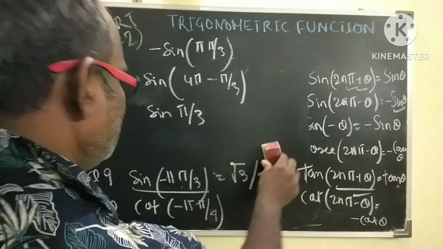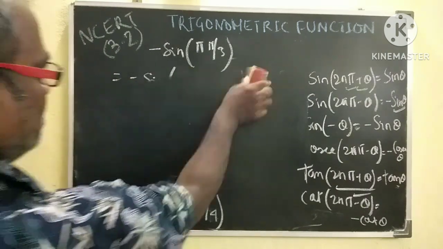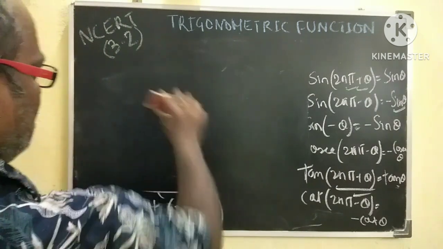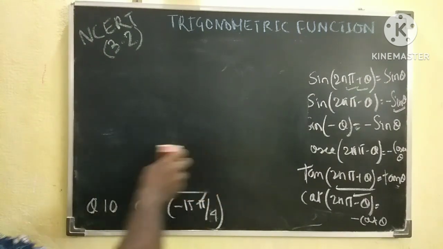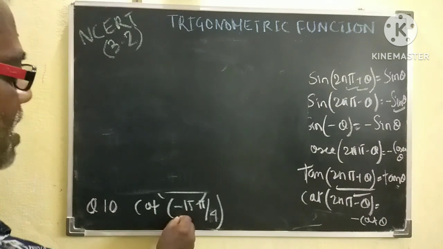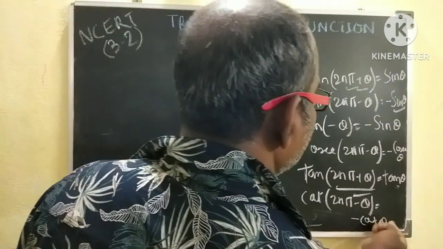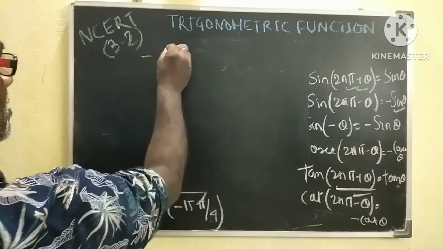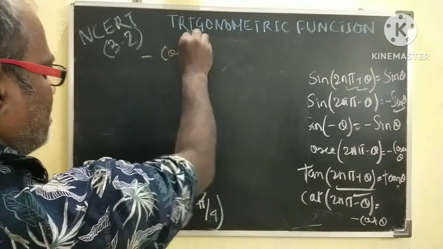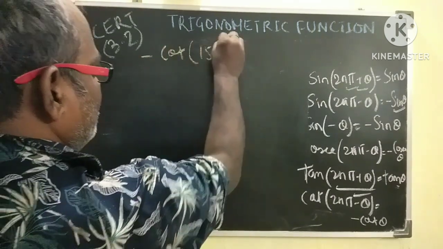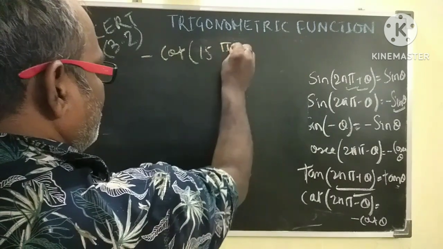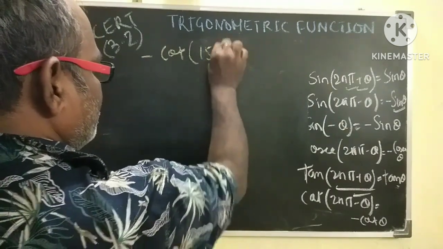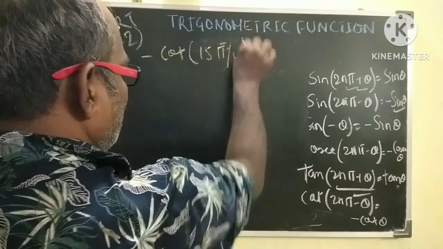Our last question is cot of minus theta. We know that cot of minus theta is minus cot theta. So this we can write down as minus cot 15 pi by 4.